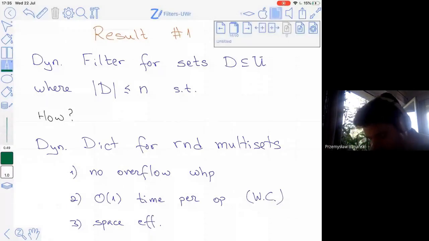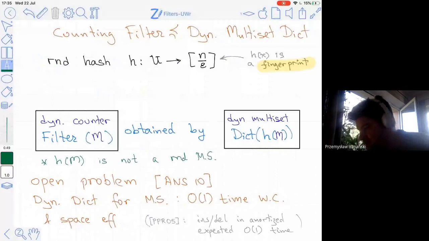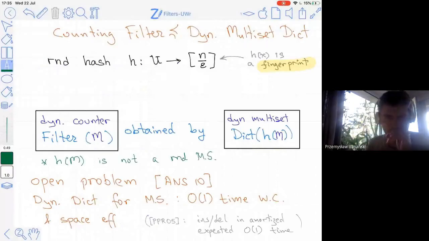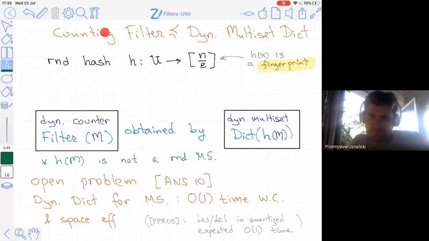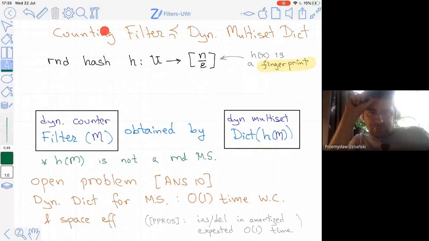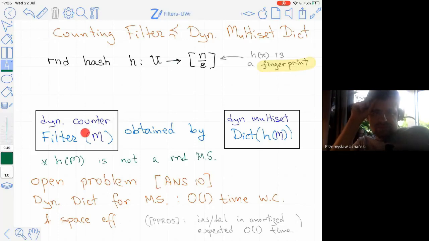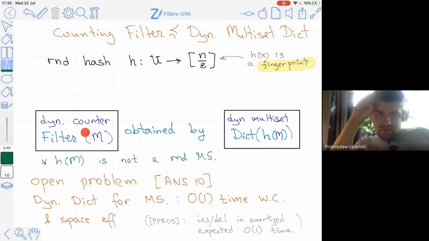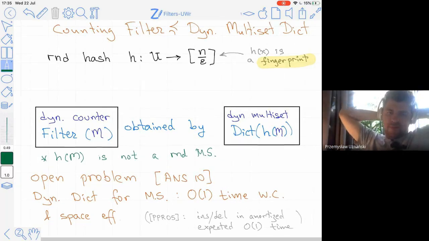Okay. A second issue is the design of counting filters. Recall, a counting filter is a filter that approximately maintains a multiset. And here, if we use the same type of reduction, we get that the dynamic counting filter for M can be obtained by a dynamic multiset dictionary for H of M. And here, M is arbitrary, and therefore H of M is no longer a random multiset.